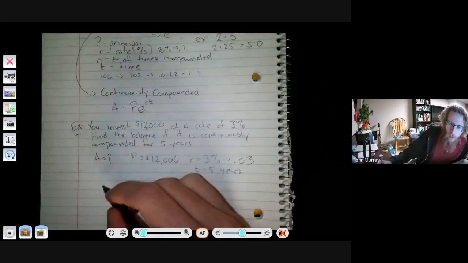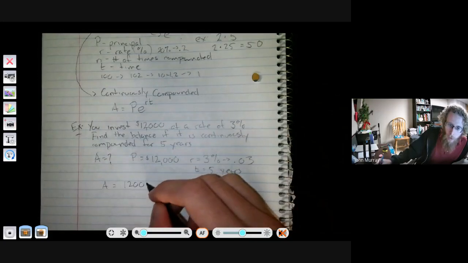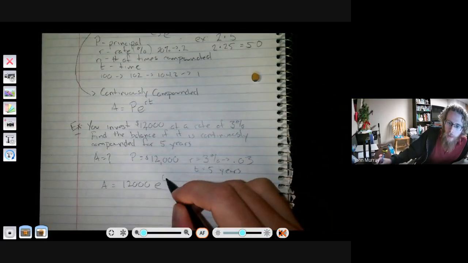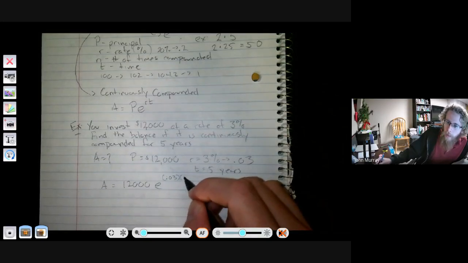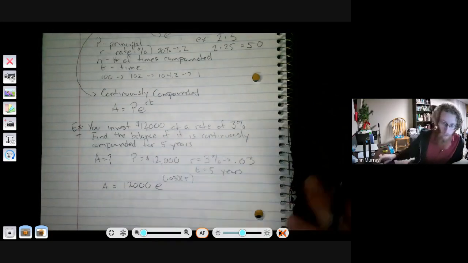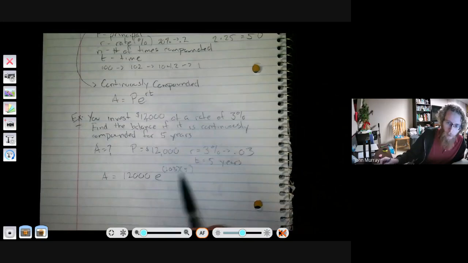All right, so we're going to plug this in. A equals 12,000 times e to the, now, r again was 0.03 times 5. All right? So with this, we're going to do this in a few steps. The first thing we're going to do is simplify this exponent.